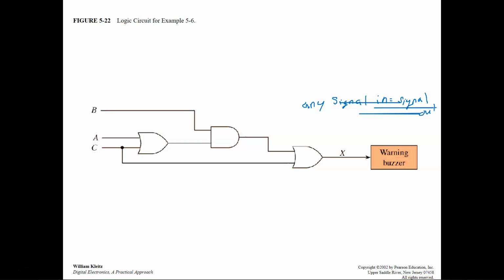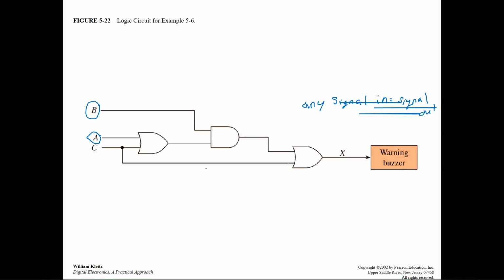Looking at what is connected to that OR gate means that I'm looking for one of three signals. If I'm looking for a signal from B, then I'm looking for a signal from A more than likely, because C is going to bypass the whole thing.